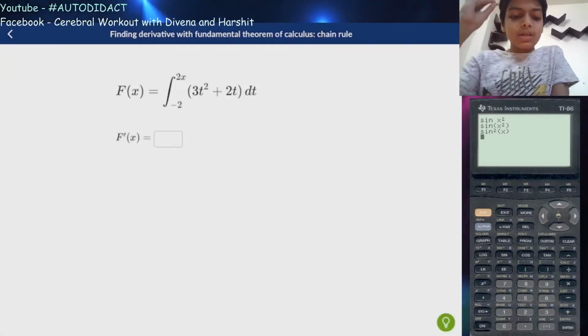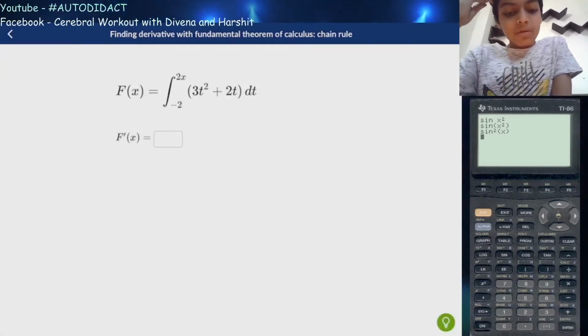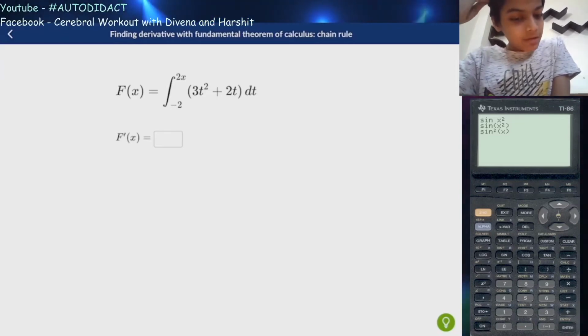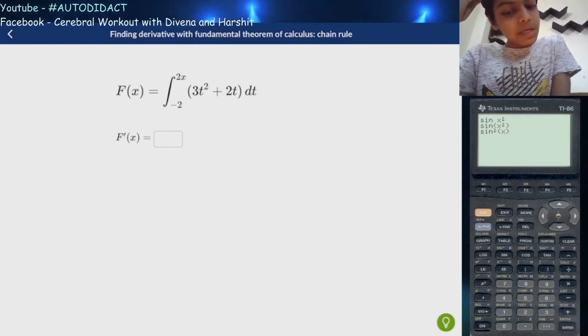Next: capital F of x is equal to the integral from negative 2 to 2x of 3t squared plus 2t dt. We also want to find out what capital F prime of x is equal to. So we take the derivative of both sides.